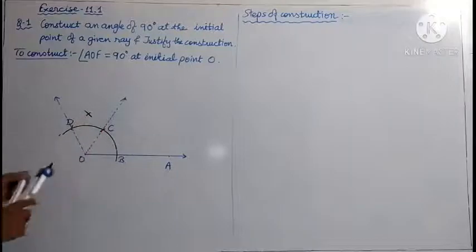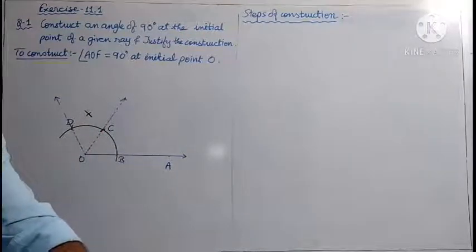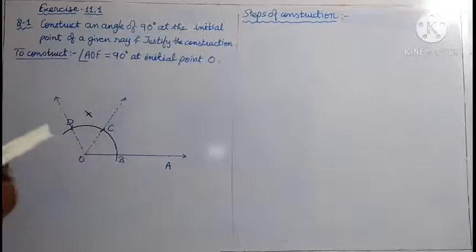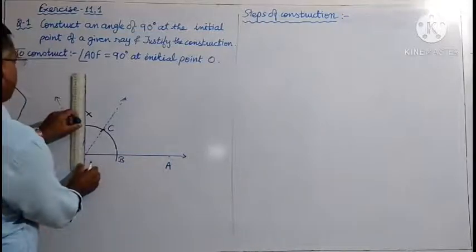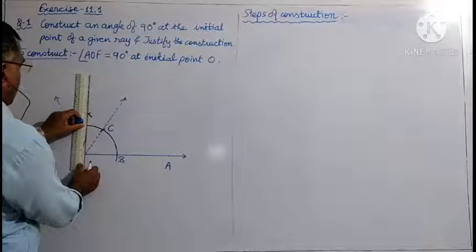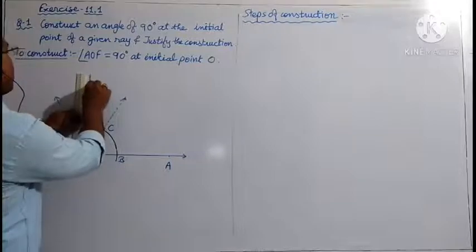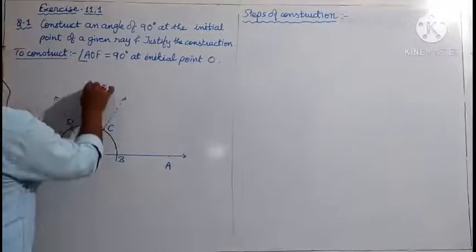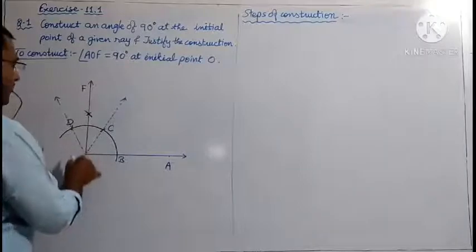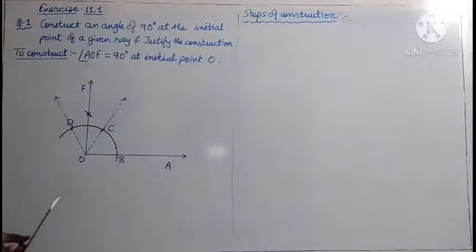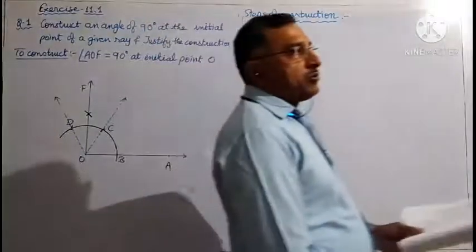Now we can draw ray OF passing through this point of intersection, the bisector of angle COD, and thus angle FOA is the required angle 90 degree. So this way we can construct an angle of 90 degree at the initial point O.